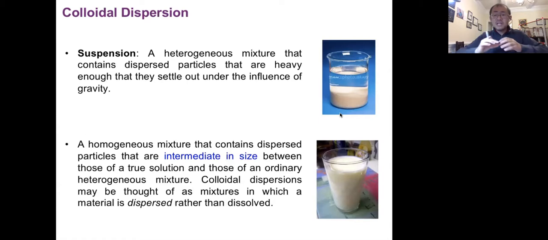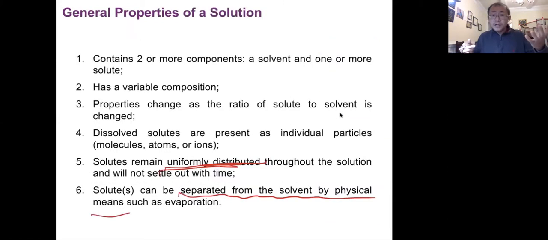They cannot be uniformly distributed in the whole solution. They will settle because they're heavy, they're big. And that's what we call a heterogeneous mixture. Suspension particles are big, they will settle. In solutions, particles are small. They're either molecules, atoms, or ions. They're uniformly distributed, they're tiny.